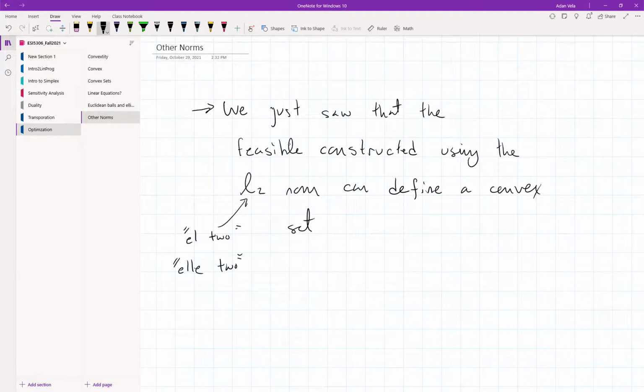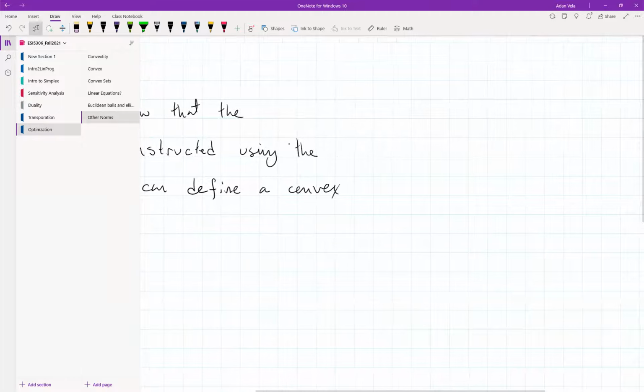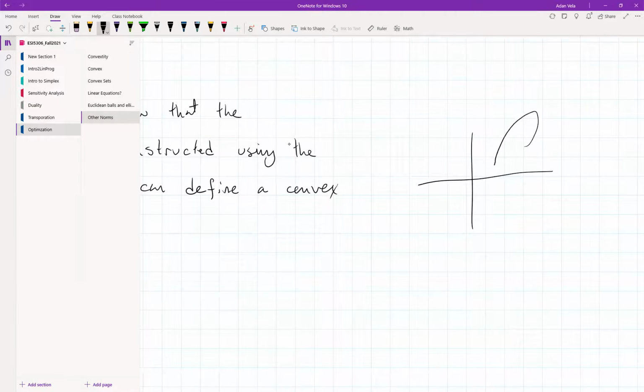Now, I do want to post a little bit of a caveat. Let's say we use the L2 norm and it defines some ellipsoid. This ellipsoid could be represented with some P, and P is not just going to be a diagonal matrix with zeros and 1 over lambda. It's going to look a little bit different, and that's what's going to create the tilt.